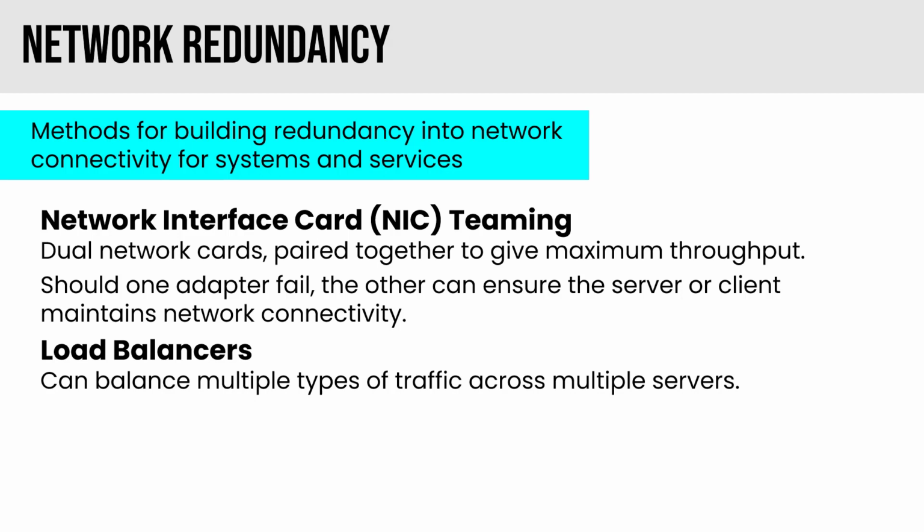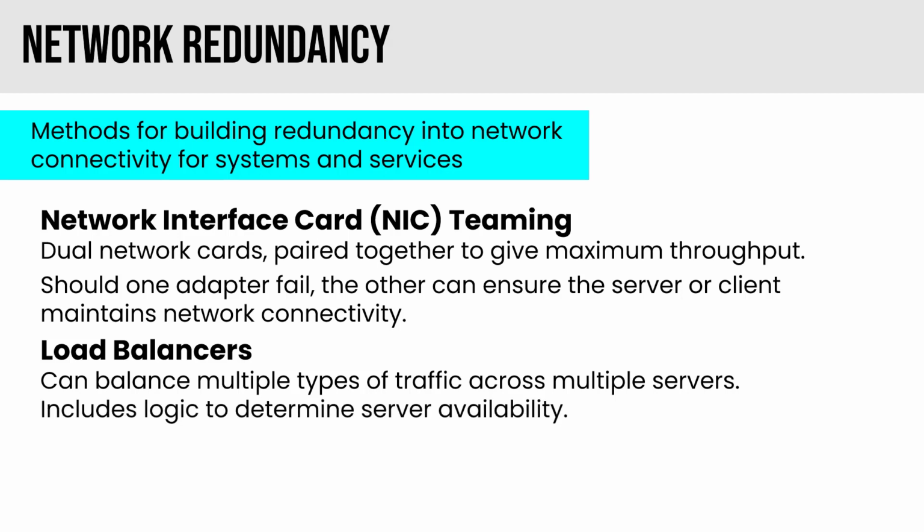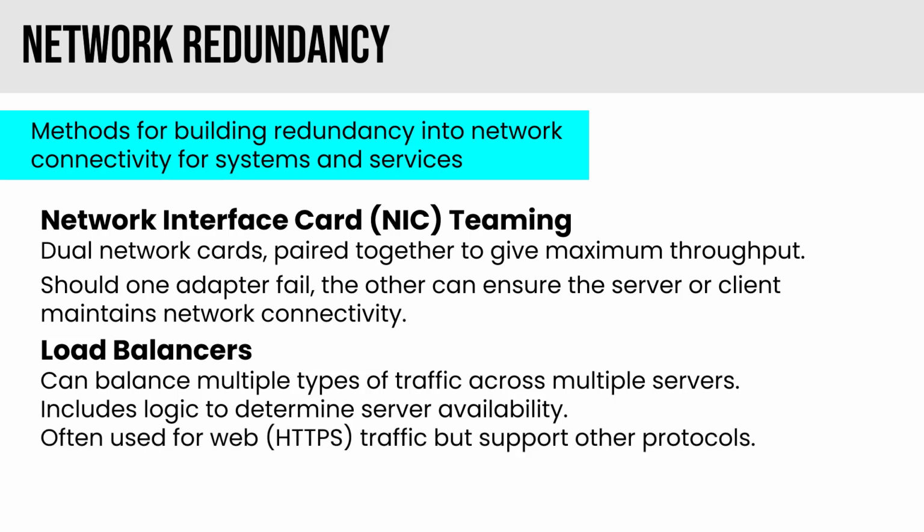Load balancers can balance multiple types of traffic across multiple servers, and this includes logic to determine server availability. Generally speaking, many of your load balancers will give you multiple options for how you can select to have server availability determined. Load balancers are often used for web traffic, but generally support other protocols.